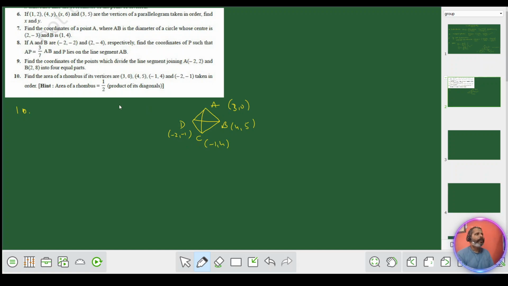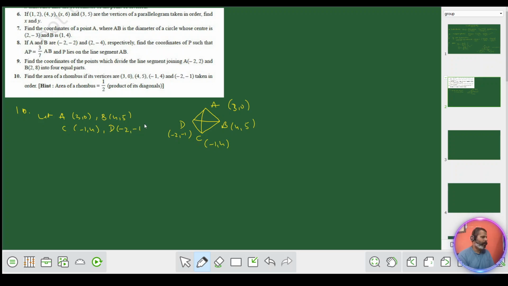Here, half the product of diagonals is the area of the rhombus. They have given the formula. So we'll just assume here, whatever we saw in the figure, we write here. Let A, B, C, D be the points. Let A 3, comma 0, B 4, comma 5, C minus 1, comma 4, D minus 2, comma minus 1.